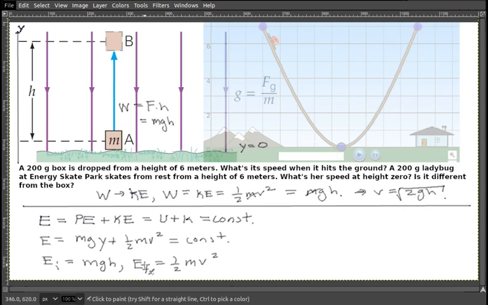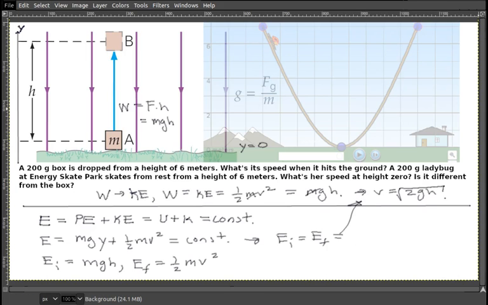Here I'm using the velocity as a variable, just as y is a variable. But these are fixed points. So at the top, I know the velocity is 0. That's when it achieves mgh. And at the bottom, I know that y is 0. And that's when it achieves the 1/2 mv squared, where here I'm thinking of the v as the speed. Since this is constant, this implies E initial is equal to E final. And that's where we got this. So just another step to get to that.